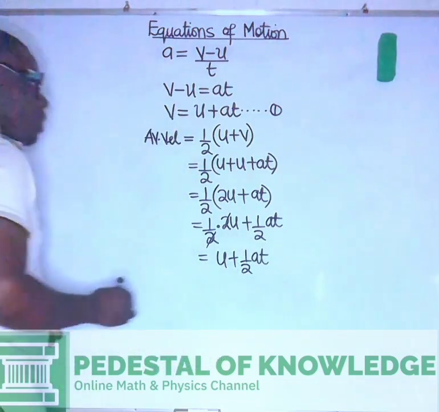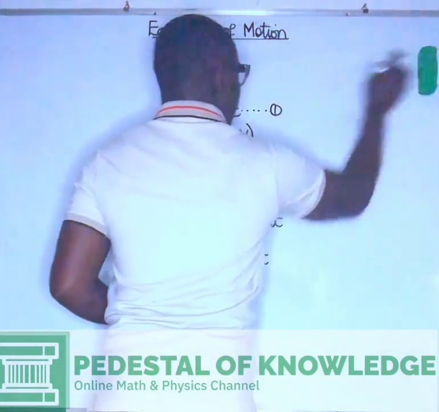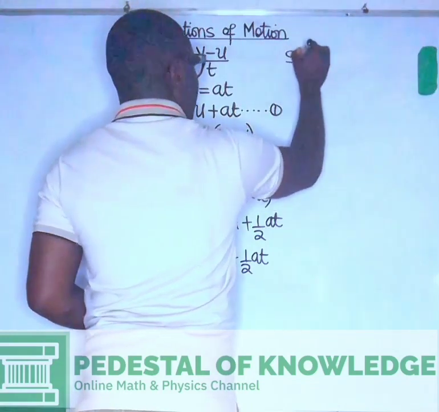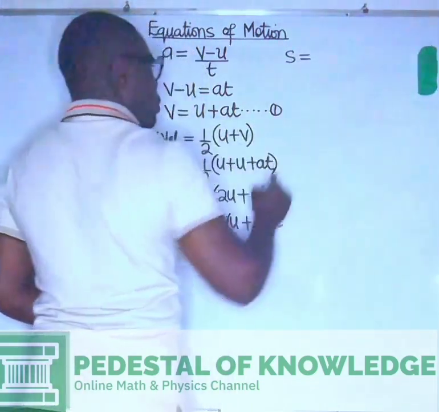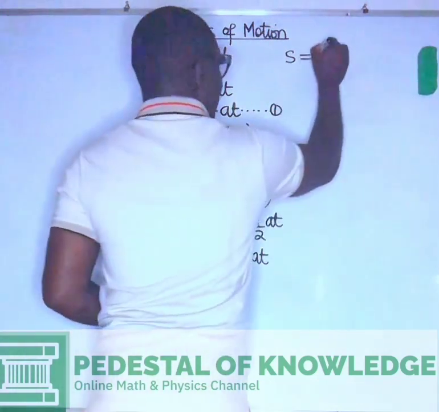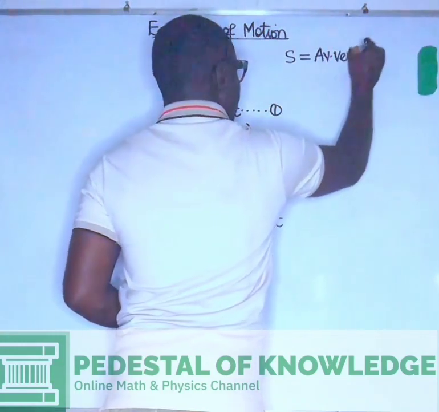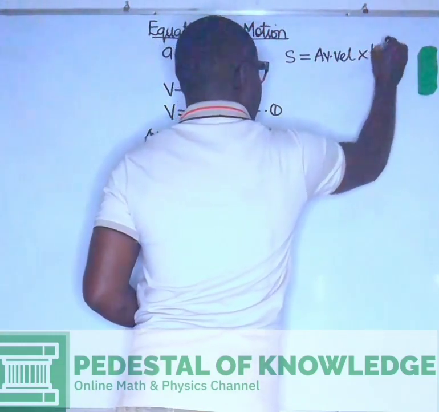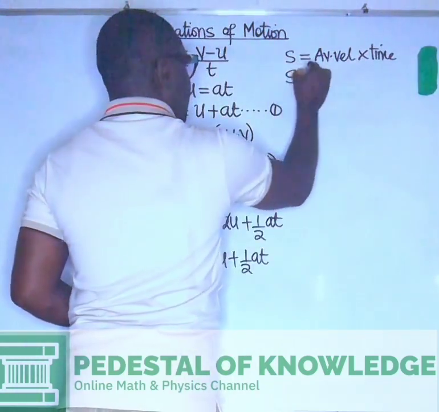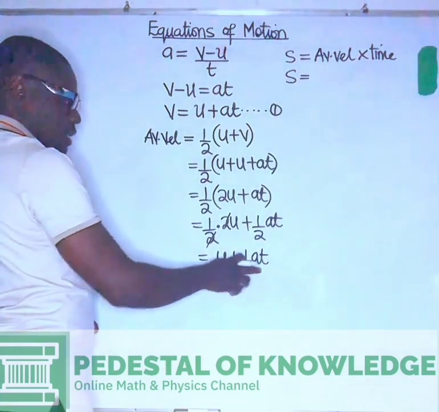at. Alright, but remember that the displacement of a particle s is the product of the average velocity and time. So s is equal to average velocity multiplied by time. Okay, now the displacement s is equal to, now the average velocity is u plus half at.